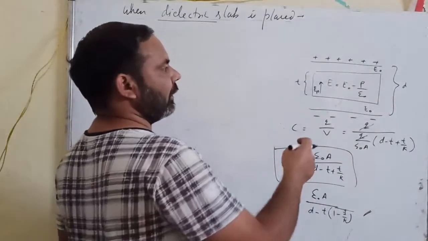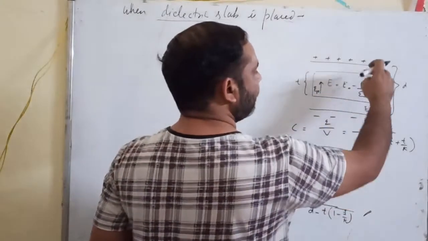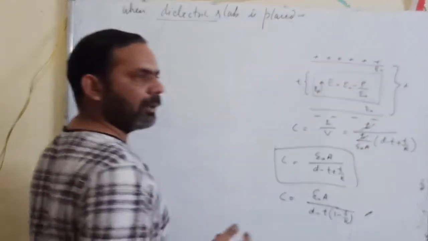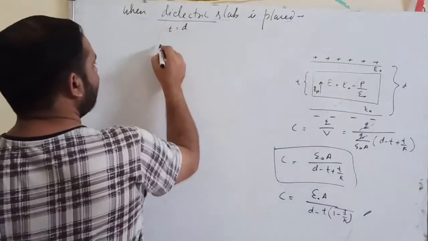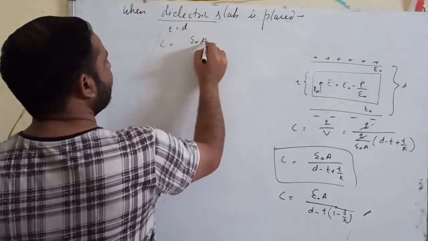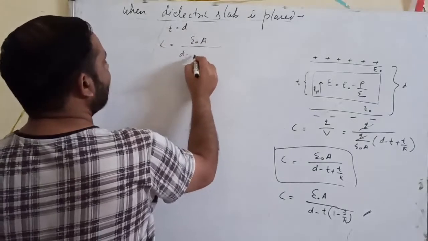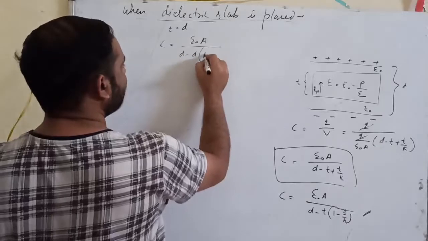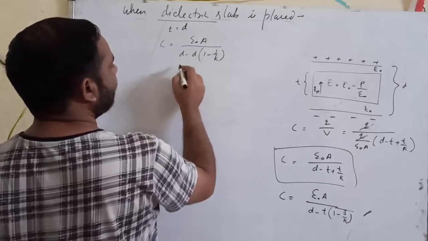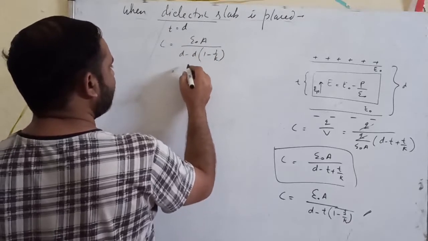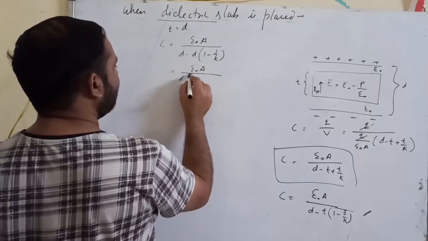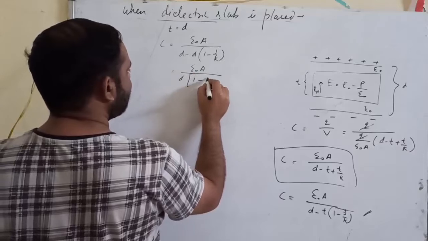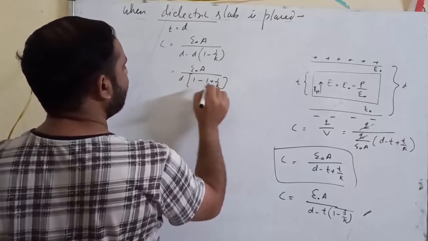Now suppose we insert a dielectric slab in such a way that its thickness is equal to the gap between the plates, meaning t is equal to d. Then C becomes epsilon naught A upon d minus d into (1 minus 1 upon K). Taking d common, this is epsilon naught A upon d into (1 minus 1 plus 1 upon K).